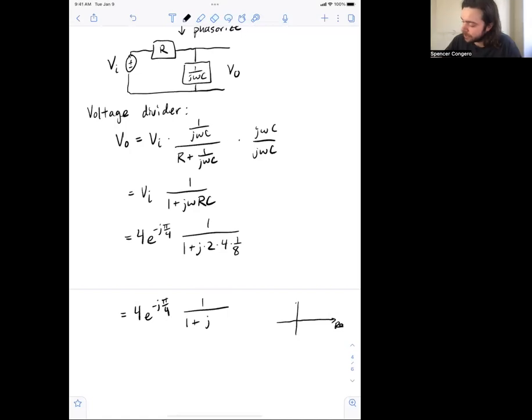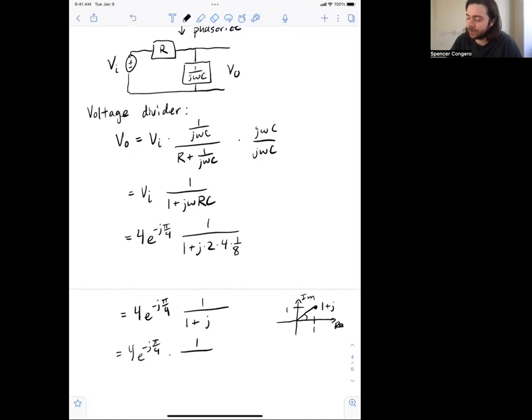So I can draw a complex plane real quick. And I have this point right here, 1 plus j. So I want it in polar form, so I need the magnitude and the phase. Okay, what's the magnitude? Well, you can see this is just a 45, 45, 90 triangle, right?